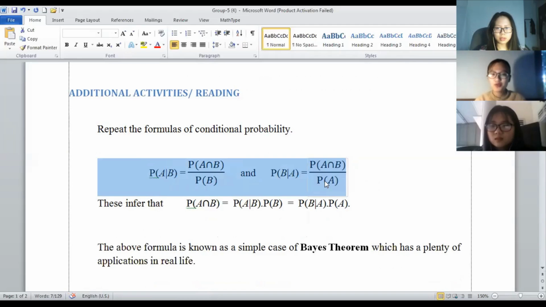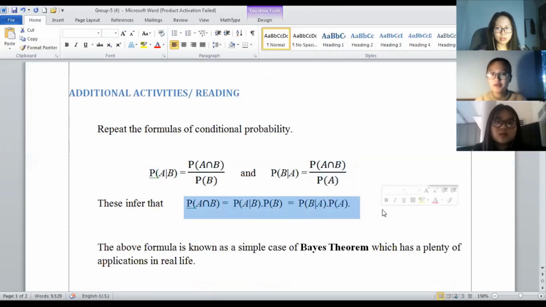From these two formulas, we can infer a really important formula: the probability of A given B times the probability of B equals the probability of B given A times the probability of A. This formula is known as a simple case of Bayes' theorem, which has plenty of applications in our life.